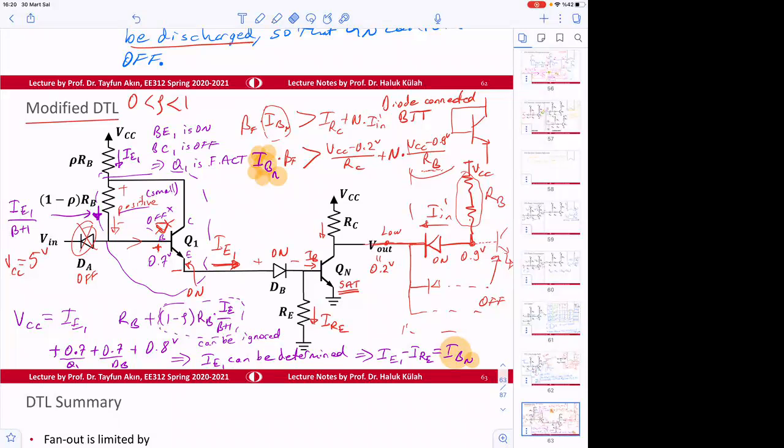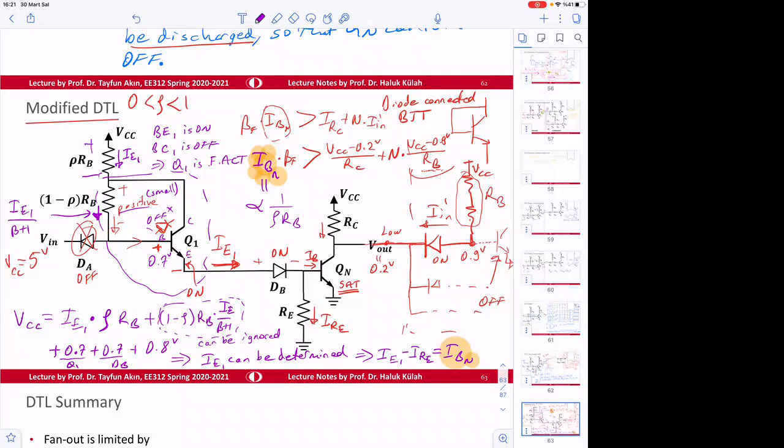This should be multiplied by. I mean, in order to find this voltage, IE1 times rho RB, that's the voltage. So in any case, if you do this, as you see here, this one will be related with 1 over rho RB instead of just rho RB.